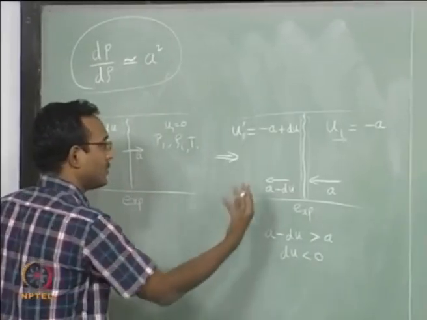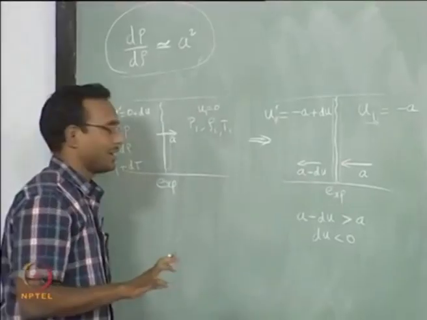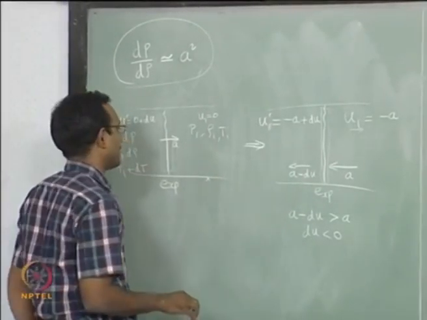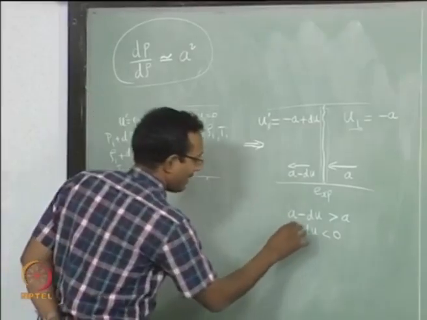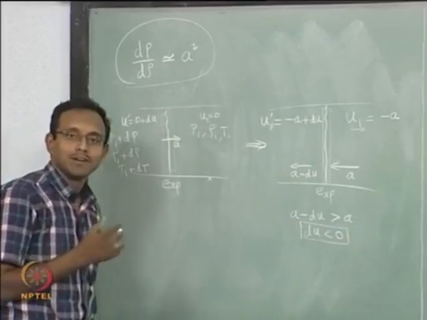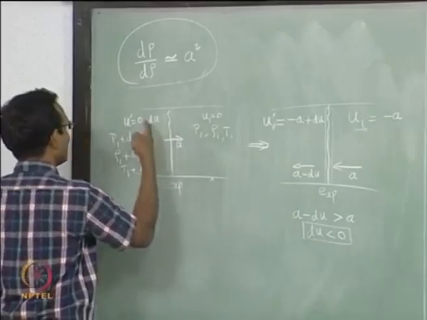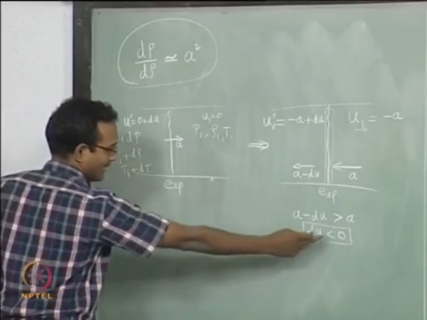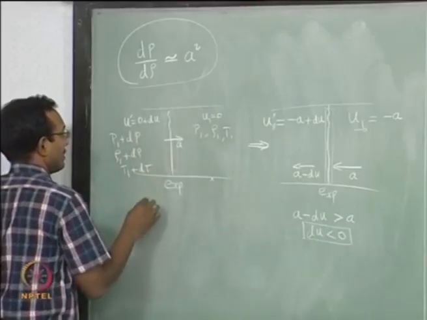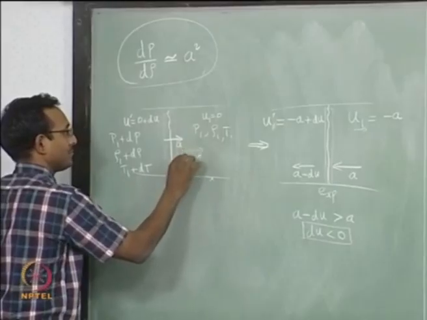Now I will switch back from this transformation to the original coordinate system, where I am fixed to the wall, the outside reference frame. But I have this value du, and the difference in velocity does not depend on the reference frame switch. So I will just put the same du here, du is less than 0. Initially I have the convention that velocity this way is positive, right.